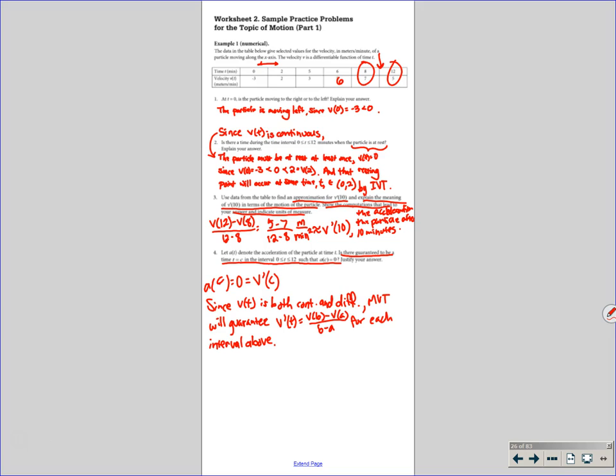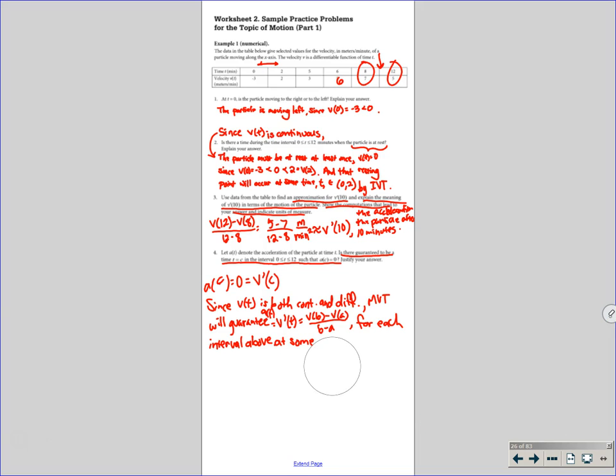I'm just stating MVT. Since velocity is both continuous and differentiable, MVT is going to guarantee that the instantaneous, hey, can't I make that acceleration? Because they're asking about acceleration. So acceleration, which is the derivative of velocity, will equal, for each interval above, at some t within a to b.